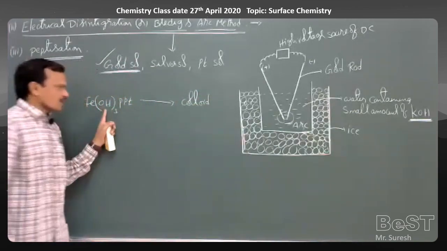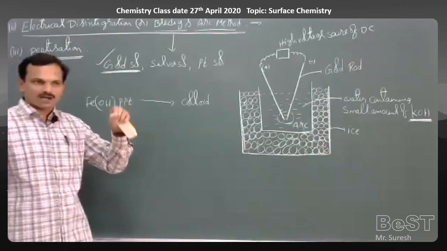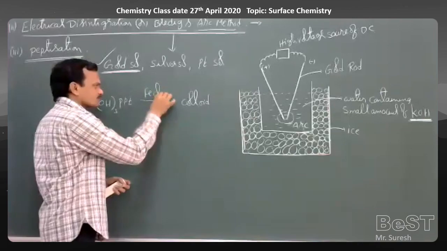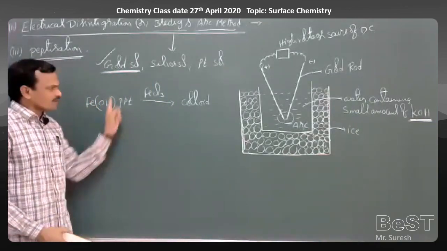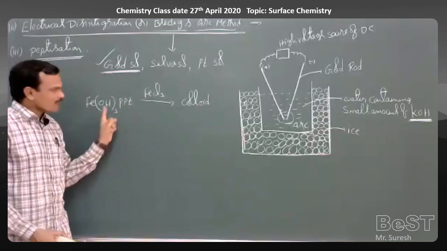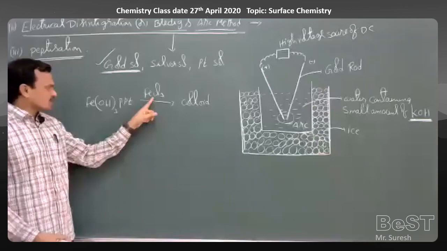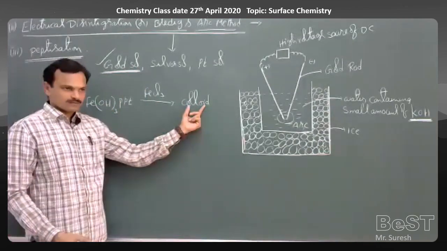The freshly prepared precipitate can be converted into colloidal solution by adding a suitable electrolyte, and the electrolyte we add here is FeCl3. Means to a freshly prepared precipitate of ferric hydroxide, if we add a ferric chloride solution, then this precipitate is converted to colloidal solution.